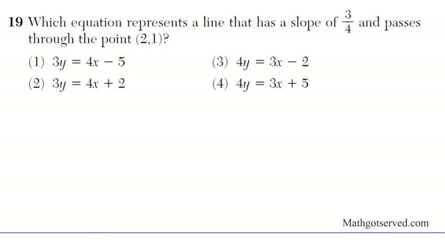What I'm going to do is use point-slope form to figure out this problem. Actually, let's use slope-intercept form. That's easier. So y equals mx plus b. Most of my students prefer this, so let's go ahead and use that.